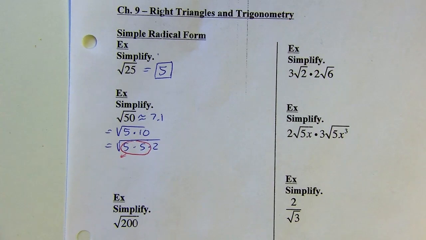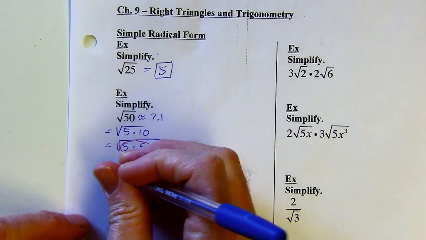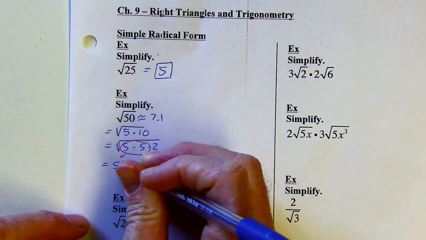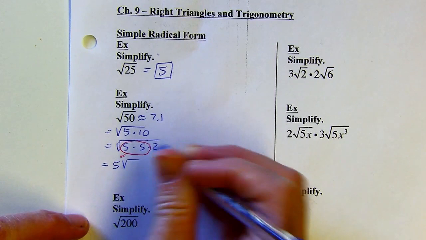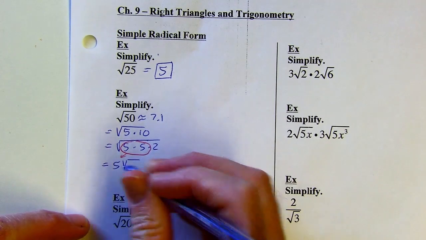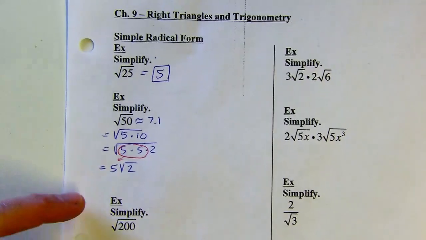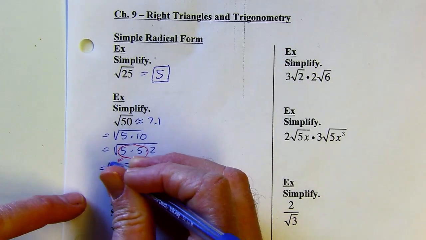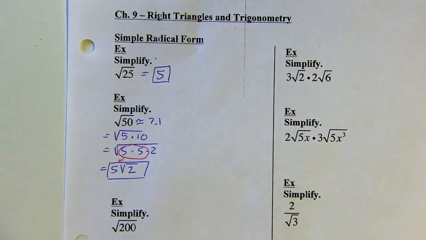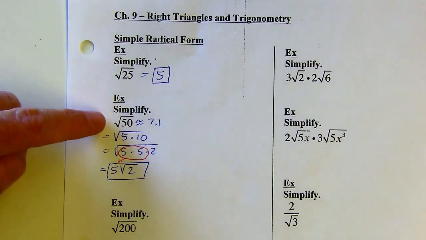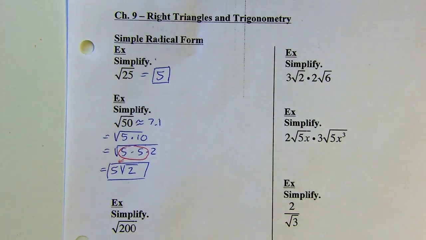But the other twin is going to make an escape. So one of those 5s is going to get out, and the other one kind of just disappears. And then the 2, since it doesn't have a twin, is stuck in the jail, and that's simple radical form, okay? So this is simple radical form of square root of 50. Those are equivalent, okay? And it's exact. It's not rounded at all, right?